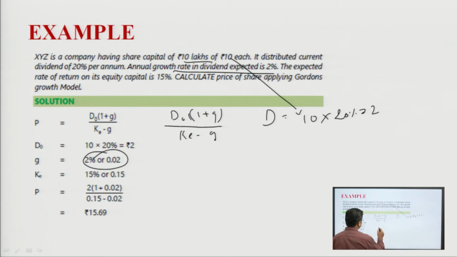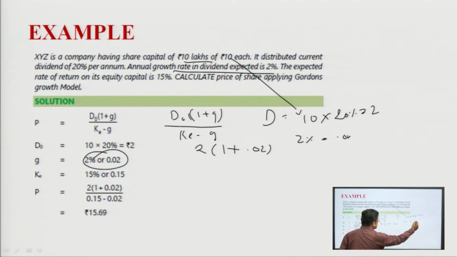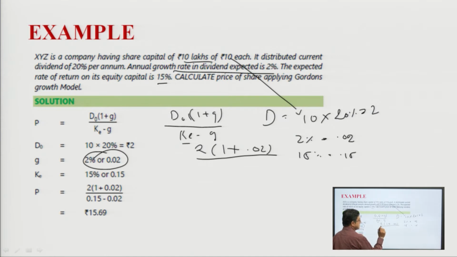So, just put in the formula: 2 into 1 plus 0.02, divided by KE. KE is 15%, which is 0.15, minus 0.02.